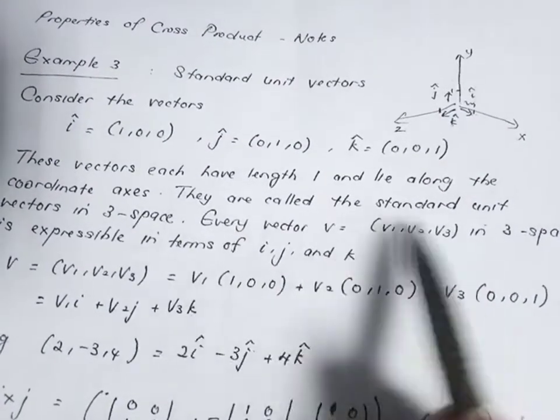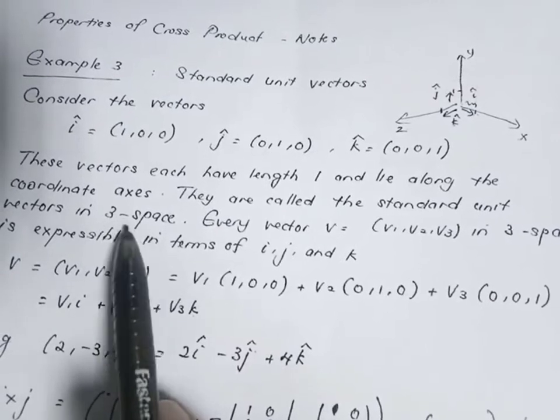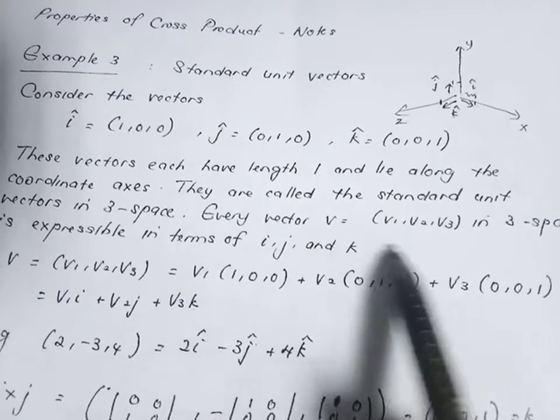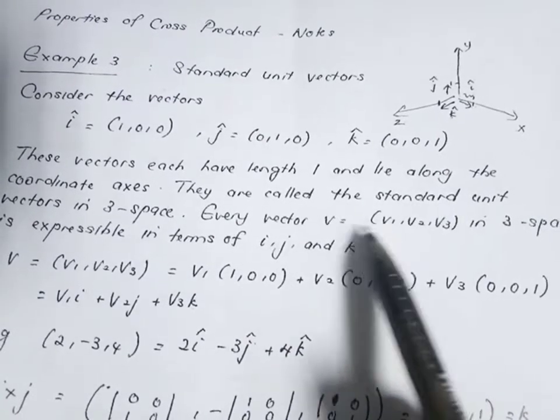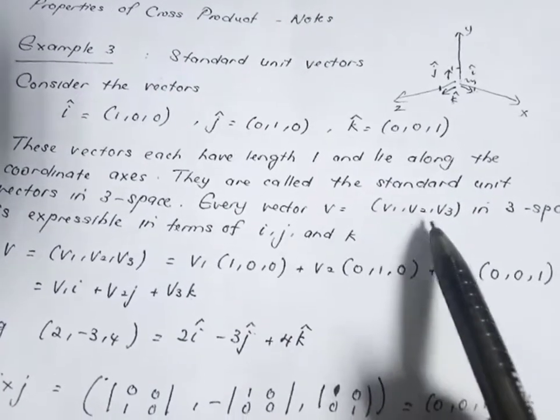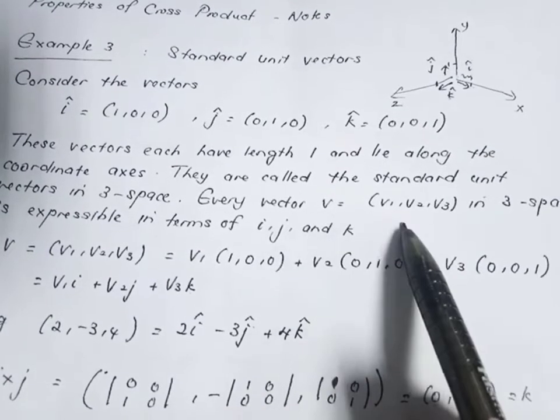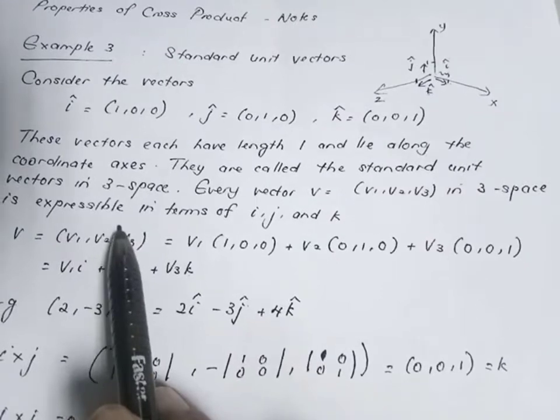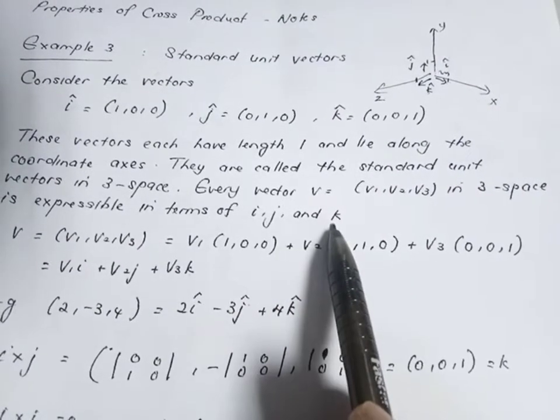They are called standard unit vectors in 3-space. 3-space means 3 dimensions. Every vector v with components v1, v2, and v3 in 3-space is expressible in terms of i, j, and k.